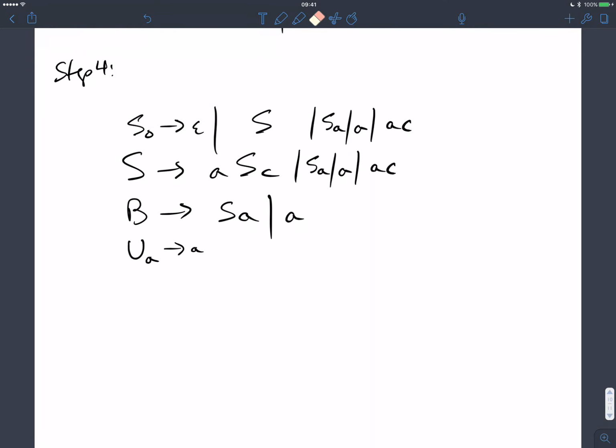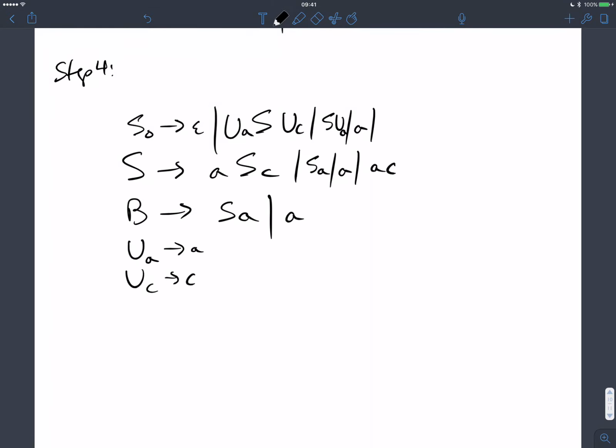So I'm going to replace these occurrences with use of A and use of C. Should I replace that single terminal on the right-hand side of S0? No, because then I will make a unit rule again, and I just eliminated those.